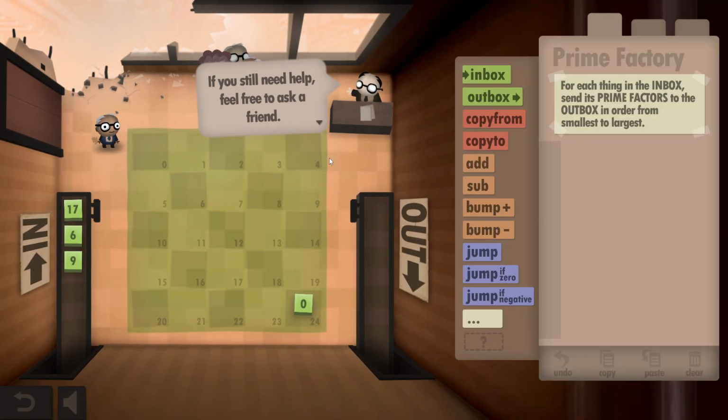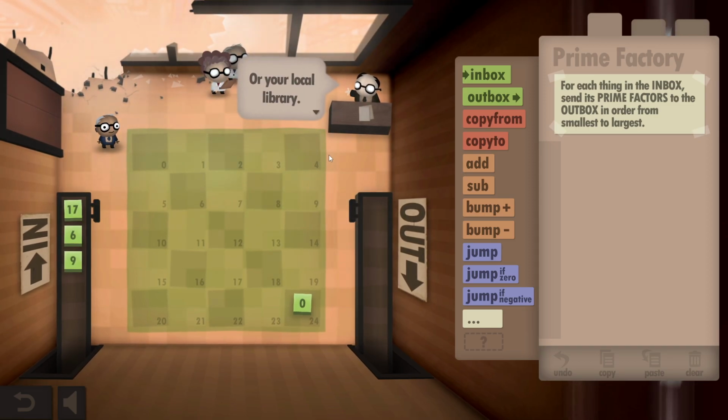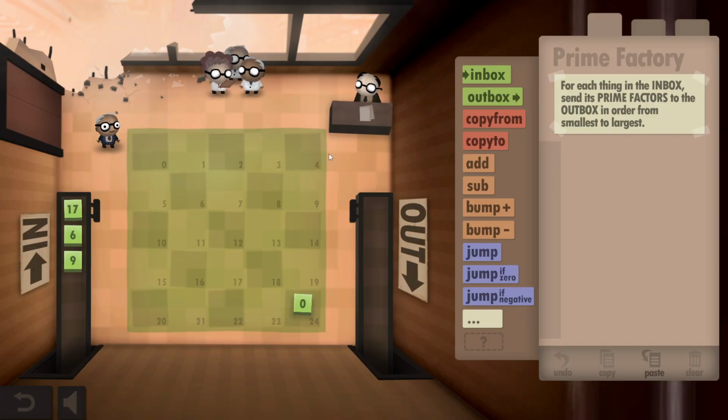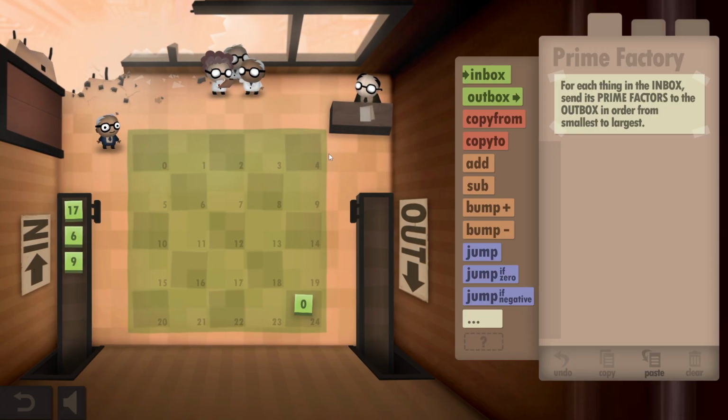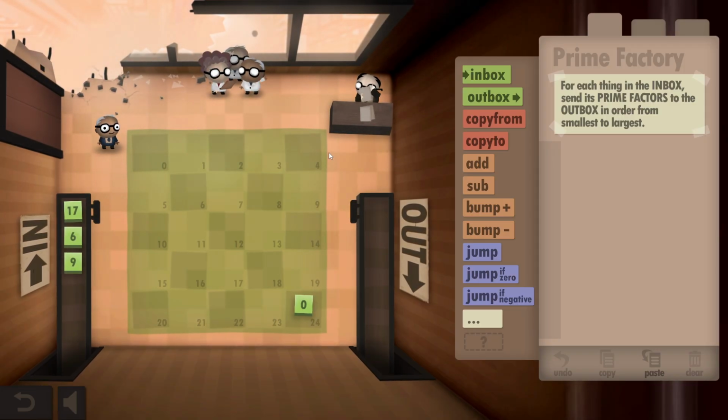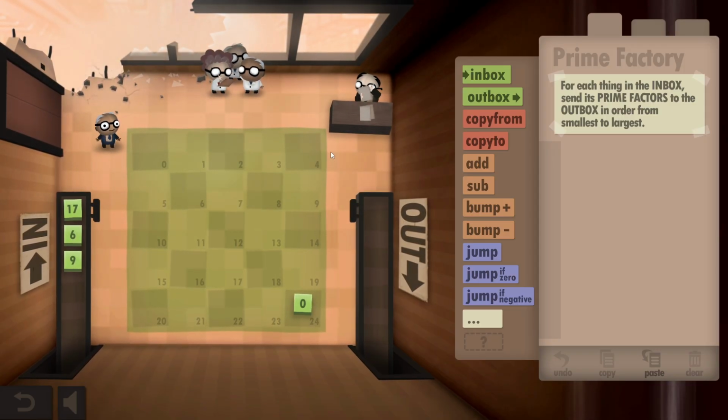How the hell are we gonna figure this one out? If you need help, feel free to ask a friend, or your local library, or get back to the elevator and leave this assignment for someone else. We might need to. How do you do this with the math?